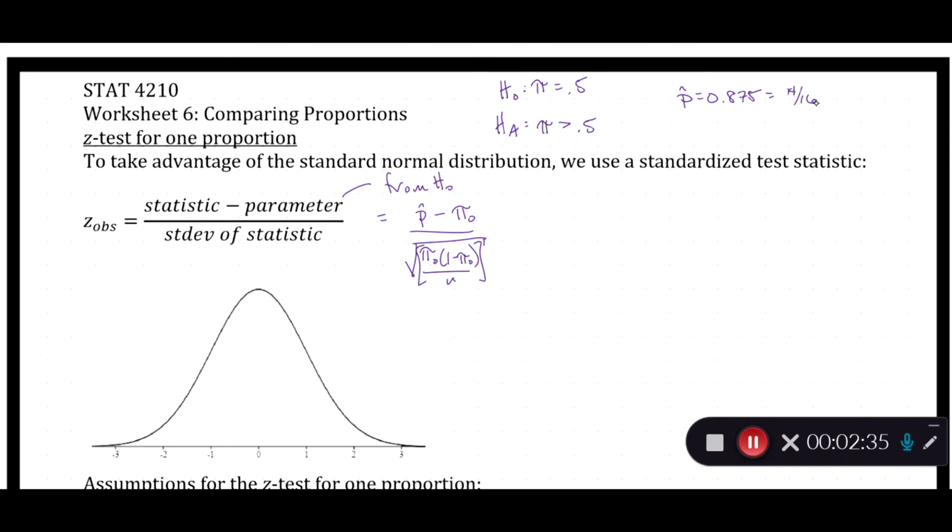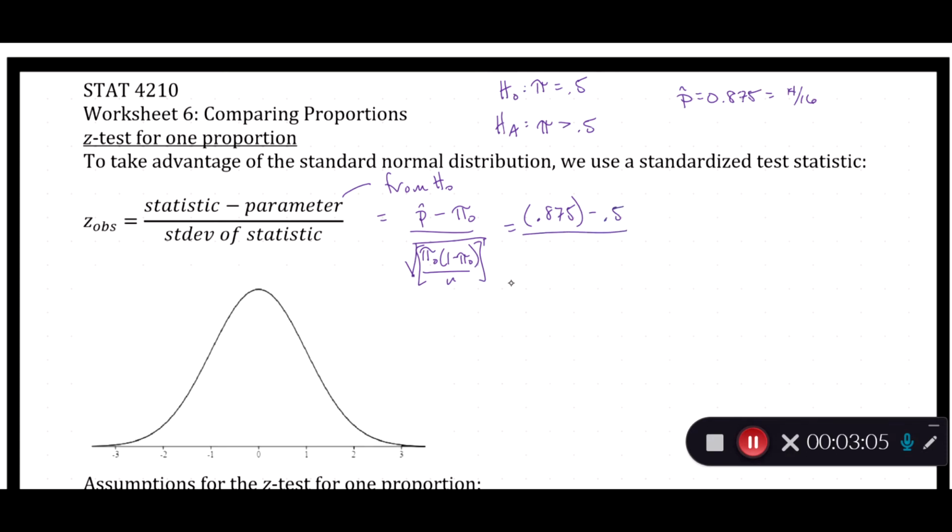We now have everything that we need in order to compute our z-test statistic. So z-obs is p hat minus pi naught over the standard deviation of p hat. In this case, p hat is 0.875. Pi naught comes from the null hypothesis, and we're hypothesizing that there's an equal chance of picking helpers and hinderers, so pi naught is 0.5.